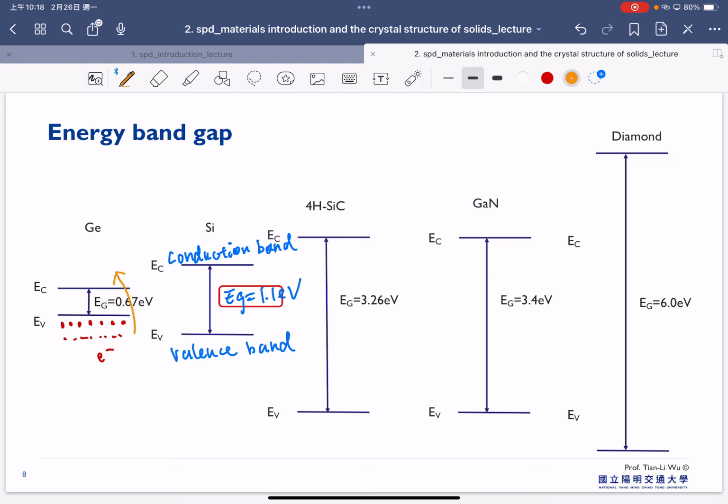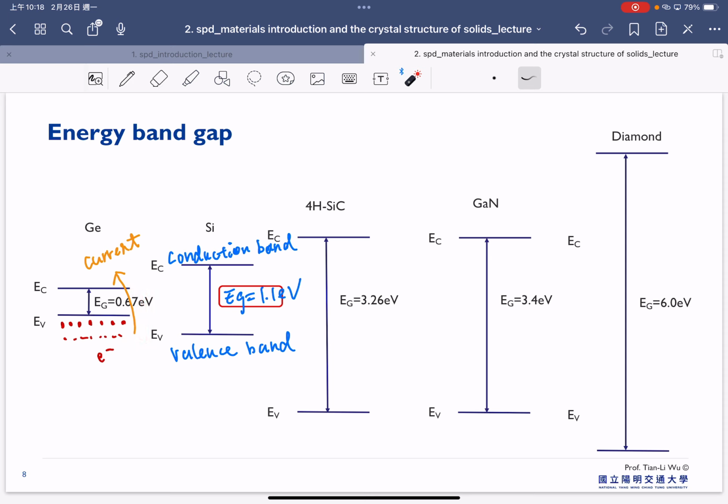If this behavior is successful, that will become the current. So that's why we have the current flow in the semiconductor materials. If the electrons in the valence band can jump across and reach to the conduction band, and thus become the current.